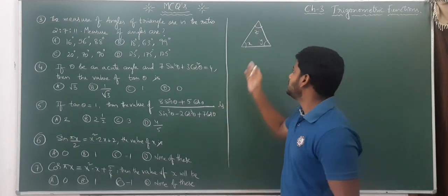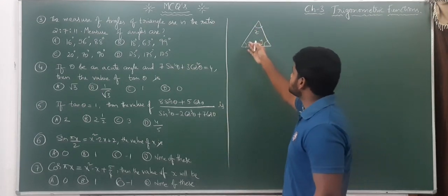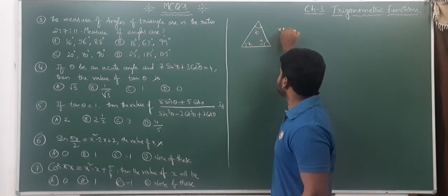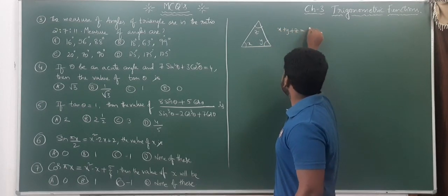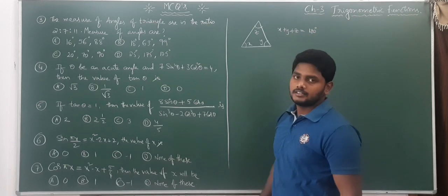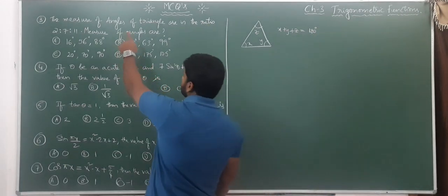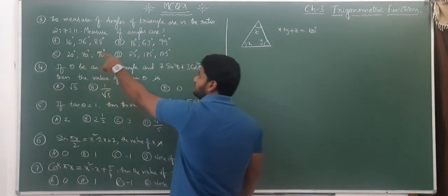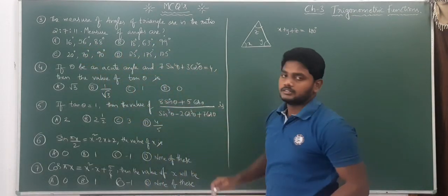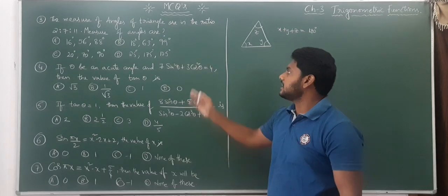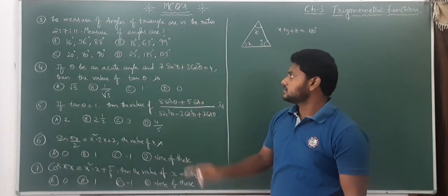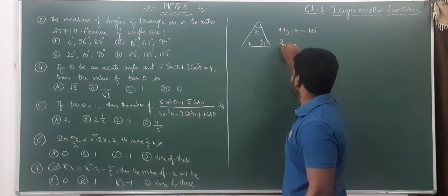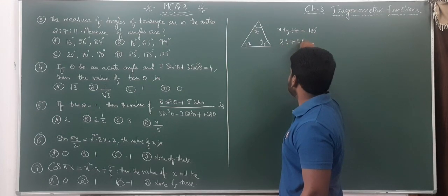But we know that in a triangle, the sum of all the angles inside, x plus y plus z, is equal to 180 degrees, right? Now what they said: the measure of angles of the triangle are in the ratio 2:7:11. Angles in terms of degrees we need.